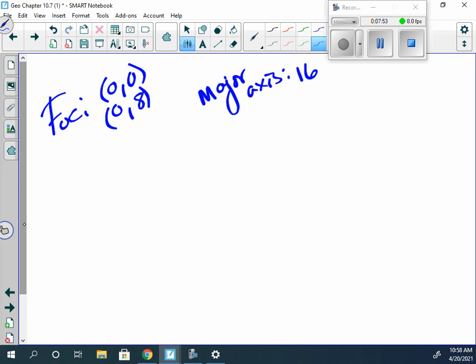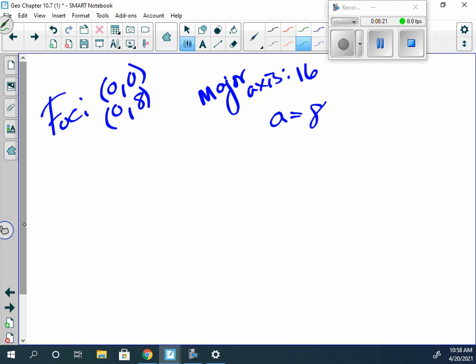Now this tells me that my A value is 8, because the overall distance is 8. Now the foci are exactly evenly placed. They're exactly the same distance from the center for either side. So if I go from the center to one focus, or from the center to the other focus, center is always in the dead center.